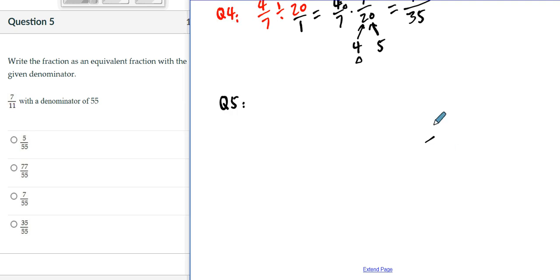Okay. So, given denominator is 55, and we know 7 over 11.